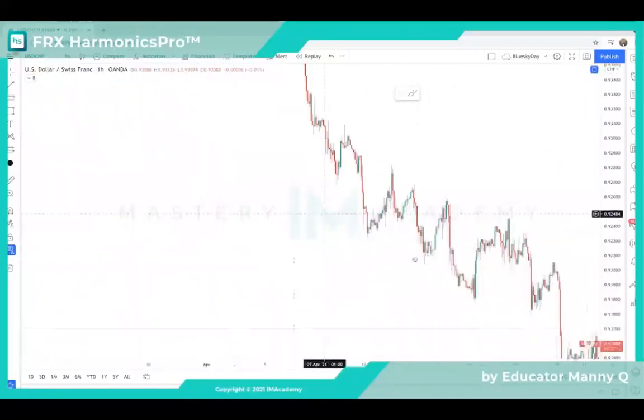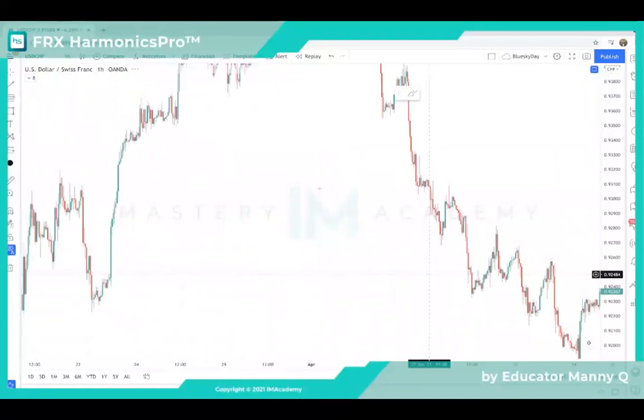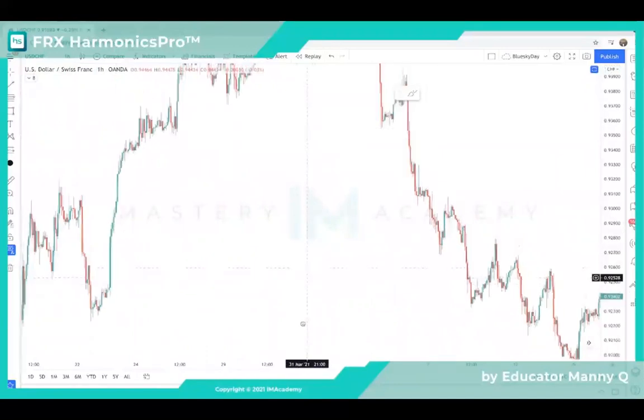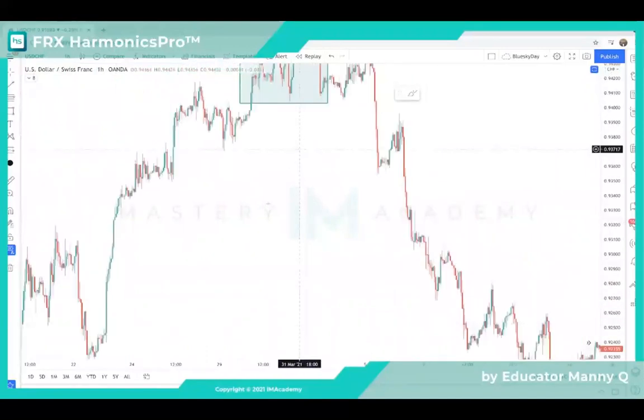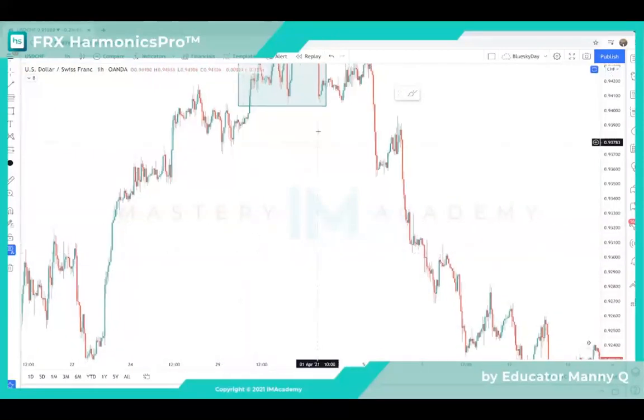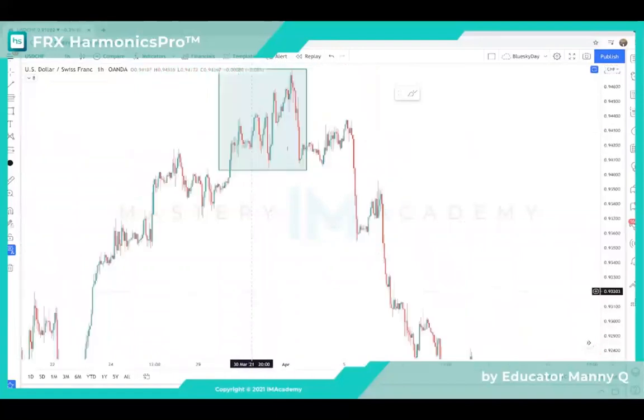As this market loads, let me see, do we have something up here? Bingo, here goes. Here's another daily. Okay, there goes another daily price reversal candle.